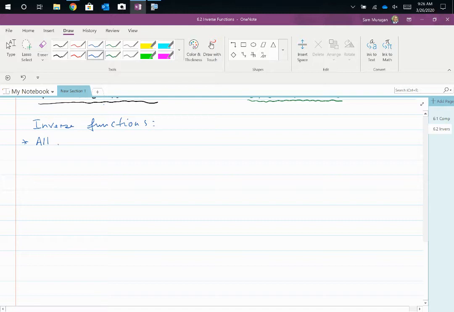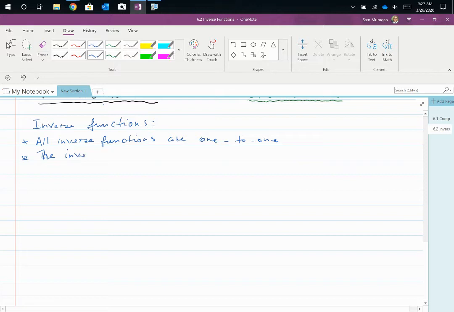All inverse functions are 1 to 1. See why we did 1 to 1 functions? Because we needed to know what a 1 to 1 function is.